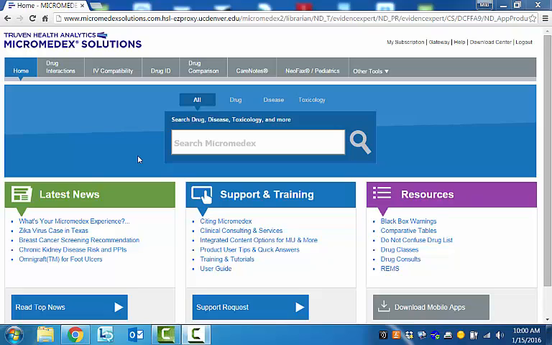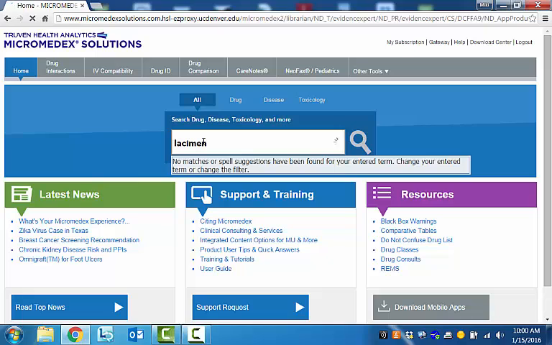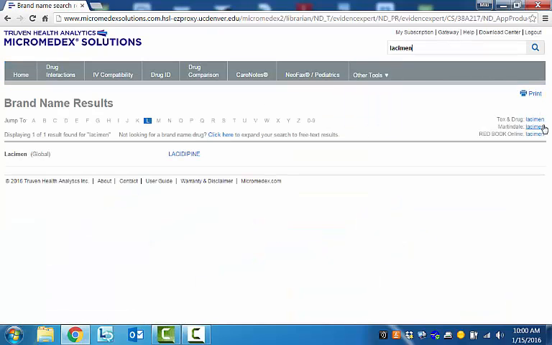So what I do is I just type the brand name into the search field. And I can see over here to the right, I have a Toxicology drug lookup, a Martindale's lookup, and a Red Book lookup. I also get a listing of Lacomed Global, and the generic name is lacidipine.